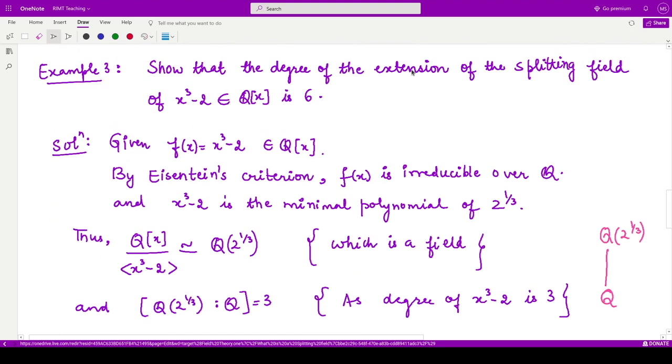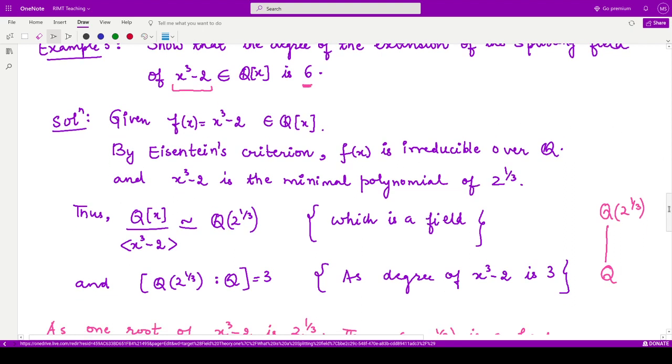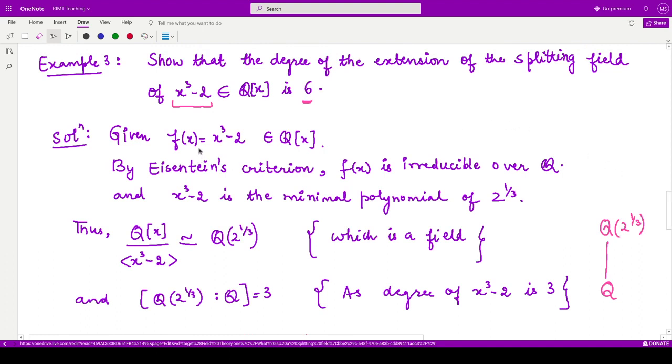Show that the degree of extension of the splitting field of x cube minus 2 is 6. So for that, what we do here: the given polynomial is x cube minus 2. Firstly we will check whether this is an irreducible polynomial or not. To check its irreducibility, we will go to Eisenstein's criteria. What does this say?